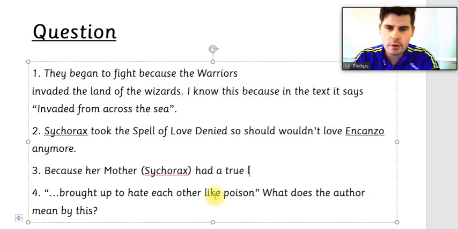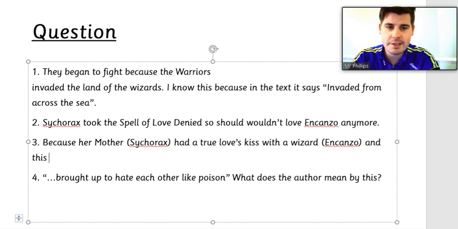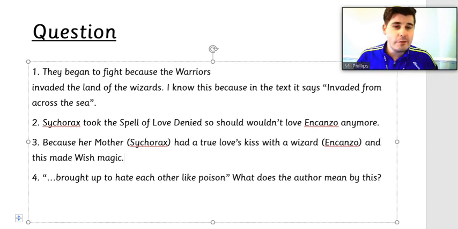Had a true love's kiss with a wizard, more parenthesis, Incanzo, and this made Wish magic. No further explanation needed. Just did. So, because her mother, Cinchorix, had a true love's kiss with a wizard, Incanzo, and this made Wish magic. And it's probably the combination of Wish being a warrior and magic means she has the ability to use magic on iron. There we go. Quite hard questions today, aren't they?